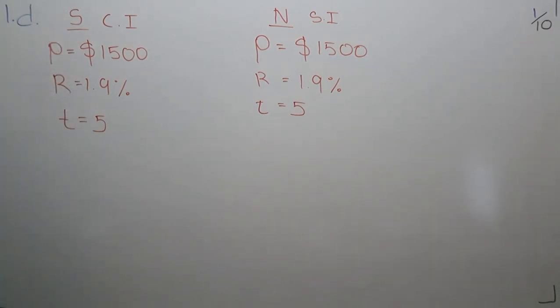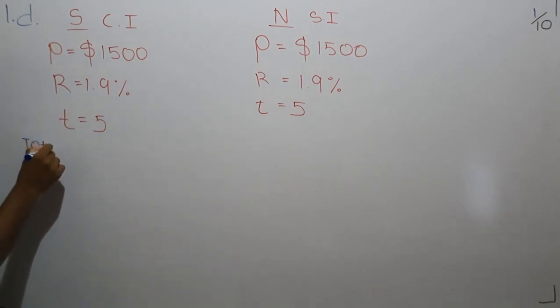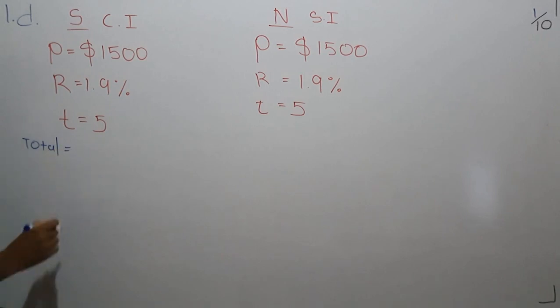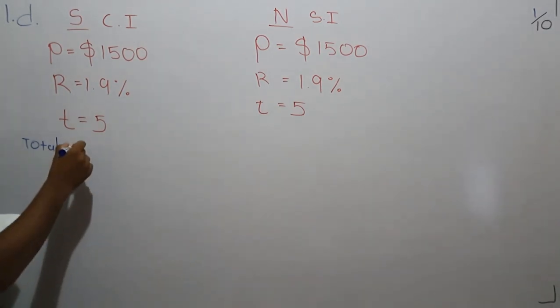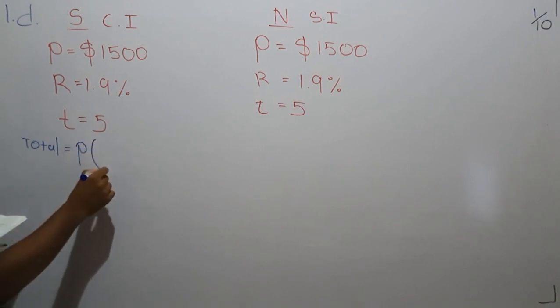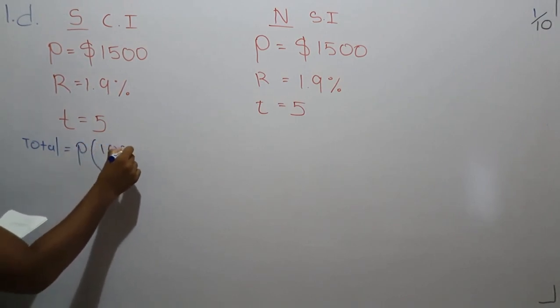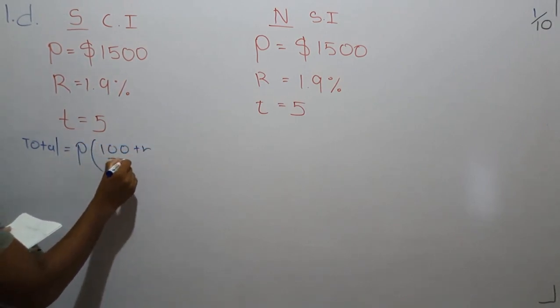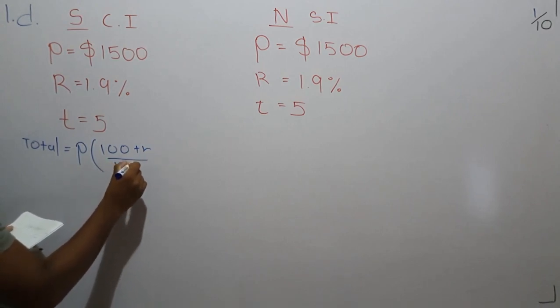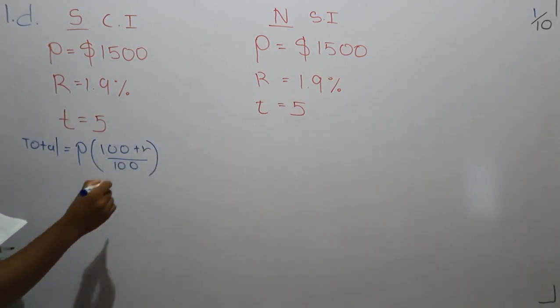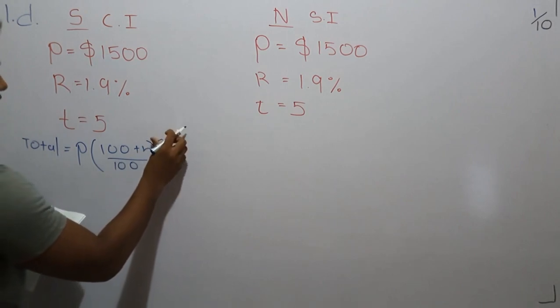Compound interest formula is, now compound interest gives the total. Keep that in mind, it gives the total. The value you invested plus the interest value. Total equals P times (100 plus R divided by 100) to the power t.